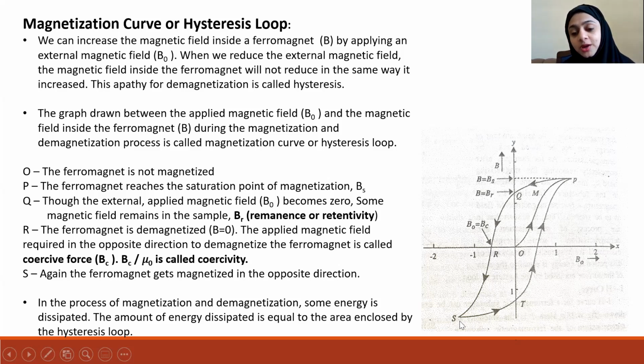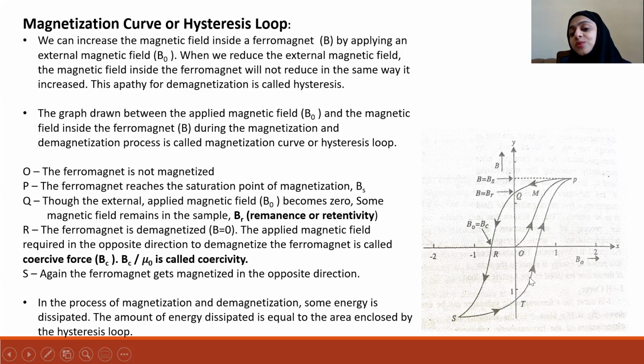Now, when we remove the applied magnetic field, which is applied in the opposite direction, it will retrace, or it again loses magnetization in the opposite direction, but not completely. There will be some remaining, as you can see by the point T, where there exists some magnetic field in the opposite direction.